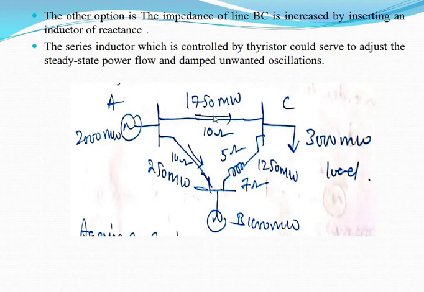So more power can be transmitted through this line, up to 2000 megawatts we can go. Here 1000 megawatts. So the entire 3000 megawatts would be delivered to this load. This is the other option.